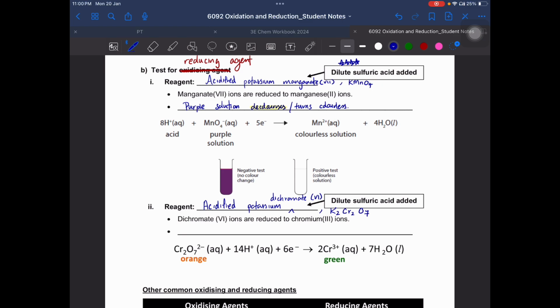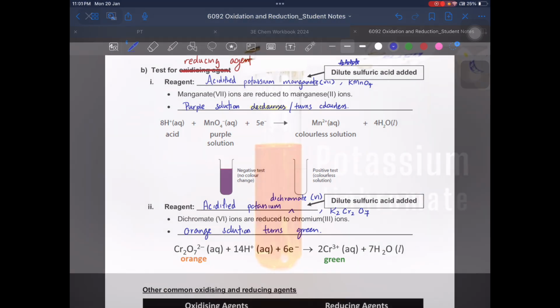Now this is a different type of chemical, but the idea is the same. In the reaction, the ion will be reduced, and when the ions are being reduced, it causes a color change, this time from orange to green in color. Likewise, let's take a look at this video to figure out what is exactly the observation that we're expecting.